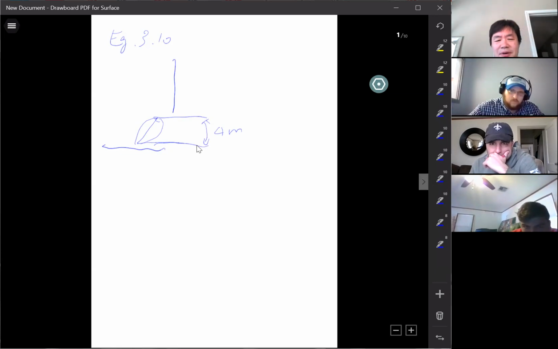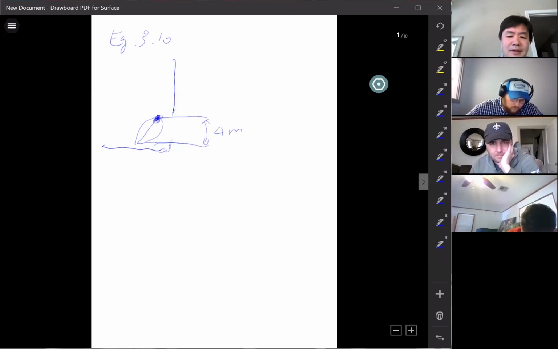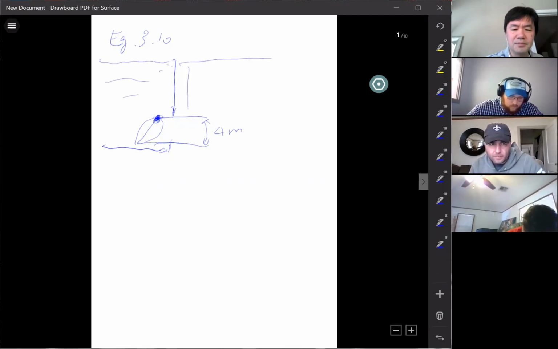So what is the shape of the gate? This is the gate. The gate is hinged on the top of the pipe. For the water depth, the depth between the top of the water surface and the top of the pipe is 1 meter.